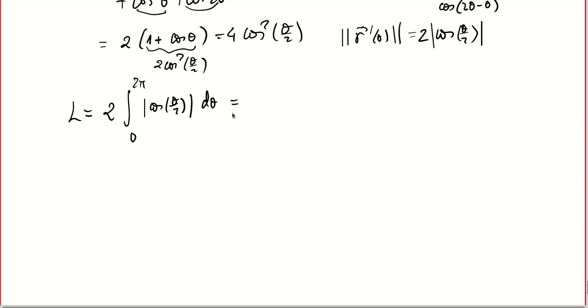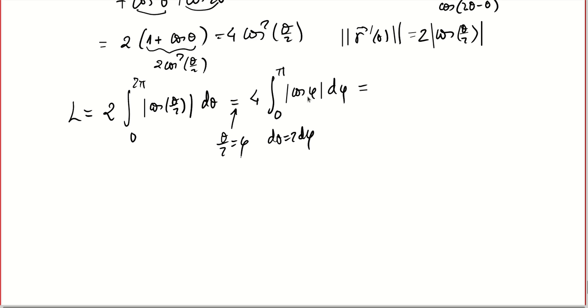And we just make a very simple change of variable, theta half equal to phi, which means d theta is 2 d phi. And so this is 4 times the integral from, for theta 0, phi 0, for theta 2 pi, phi is pi, and then we have the absolute value of the cosine of phi, d phi.